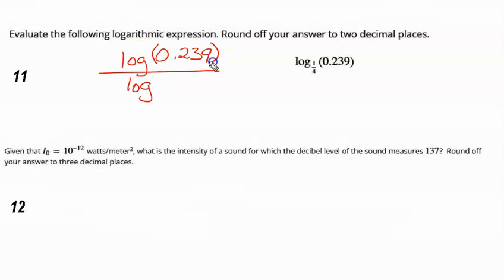Again, this is in parentheses. Now, 1/4, if you know, you could put in there 1 divided by 4 or put 0.25. And the answer is 1.032, that they want you to round to 2 decimal places, so 1.03. And you have to be familiar with the change of log formula.